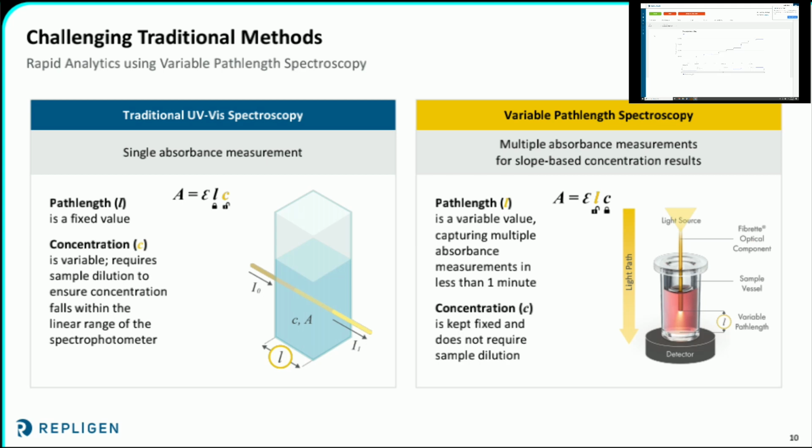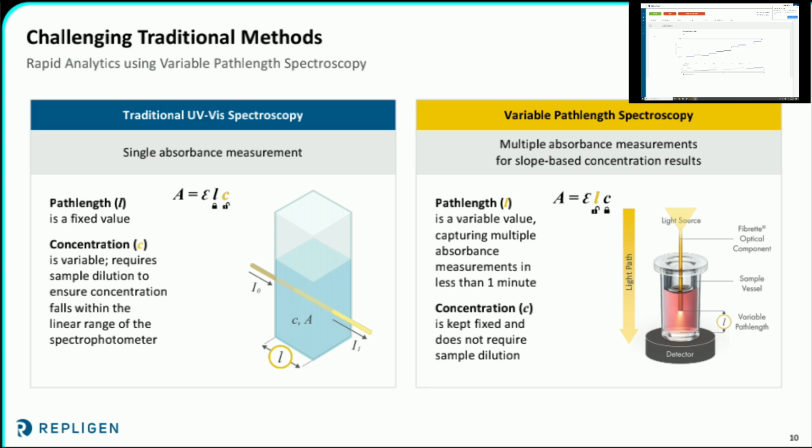With traditional UV specs, your path length is typically fixed, either a 1 centimeter / 10 millimeter cuvette or some other iteration therein. Regardless, with a fixed path length spectrophotometer you need to manipulate the concentration of your material in order to fit with the linear range of the spectrophotometer.